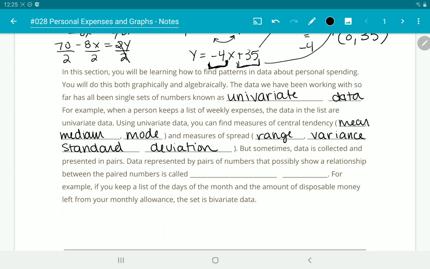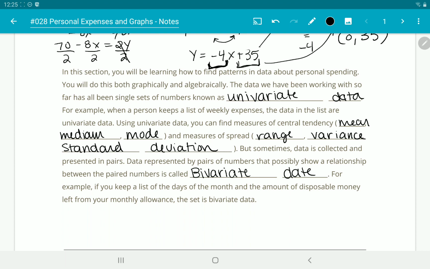But sometimes data is collected and represented in pairs. Data represented by pairs of numbers that could possibly show a relationship between the numbers that are paired together is called bivariate data. So again, there are two variables, or two pieces of data that you're looking at here.